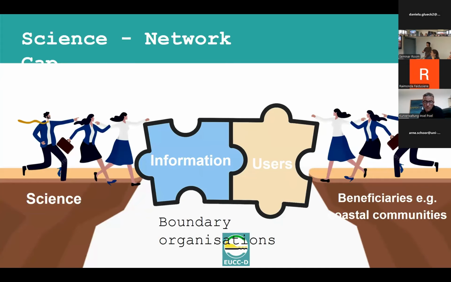So EUCC, as you can see here, is a kind of boundary organization in such projects. It's not only one way from the science to the beneficiaries, meaning the coastal communities, it's also vice versa. So we also bring questions from the practical part to the science, so what is really necessary to know, and also bring the knowledge from the science to the coastal communities.